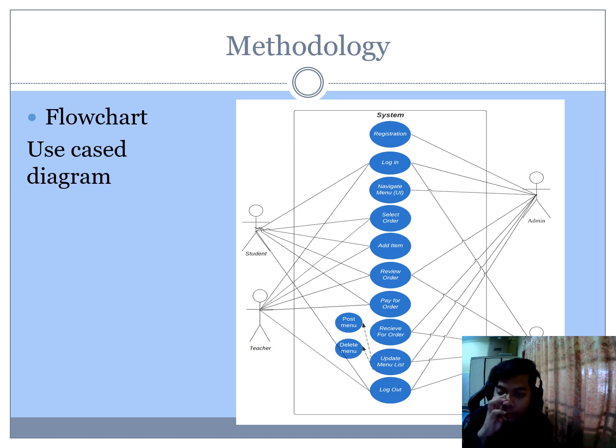The canteen operator needs to log in, and then they can review the orders made by the students and teachers, receive the order, update the menu list, and then log out. The admin can register a new account, log in, navigate the menu, review the order, receive the order, and update the menu list in case the canteen operator has trouble updating it. And lastly, they can also log out.